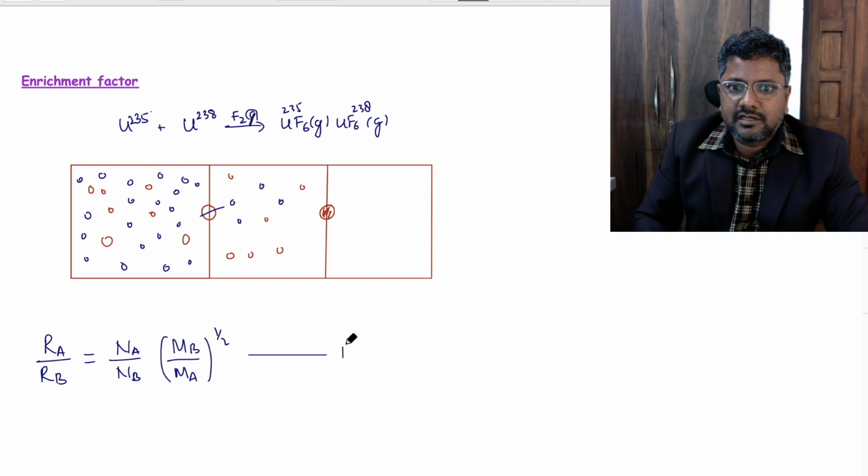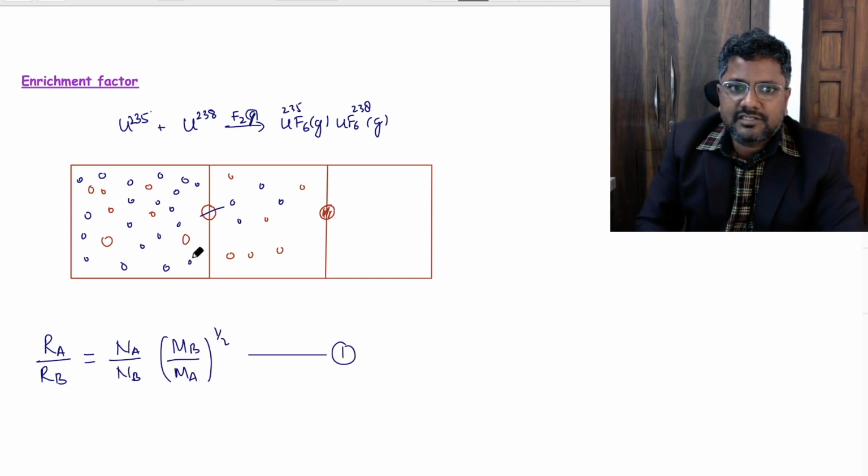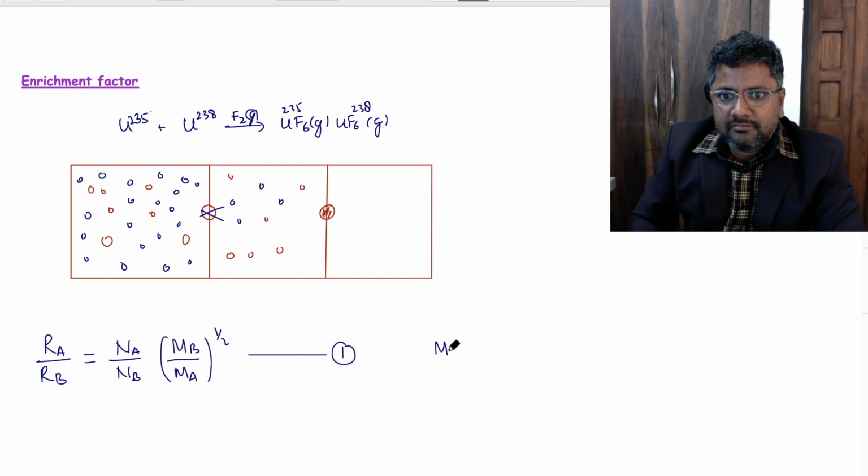This is the equation for simultaneous effusion, because here you will have the case of simultaneous effusion. So this term MB by MA to the power 1 by 2 is called the enrichment factor.